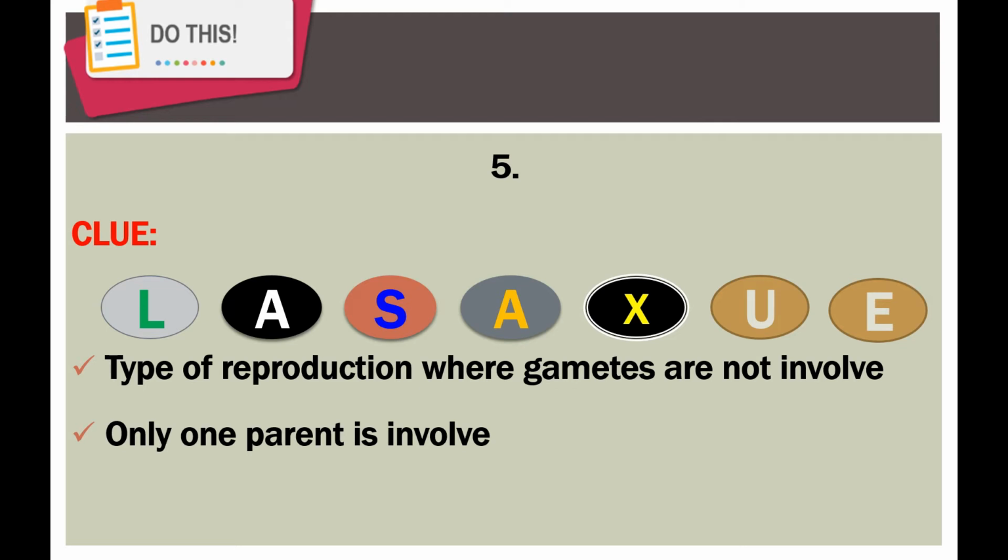Number 5, type of reproduction where gametes are not involved. Another clue, only one parent is involved. Wow, amazing! You've done the second task. Now, let's proceed to explore time.